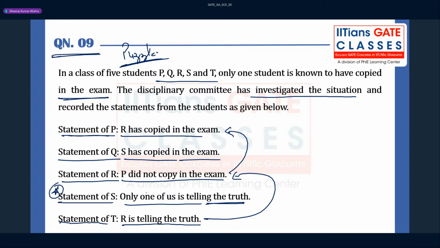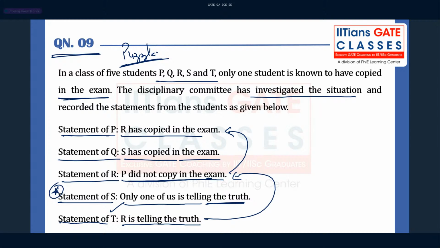So let us suppose that T is telling the truth. If T is telling the truth, it means R is telling the truth. According to R, we know that P did not copy in the exam.